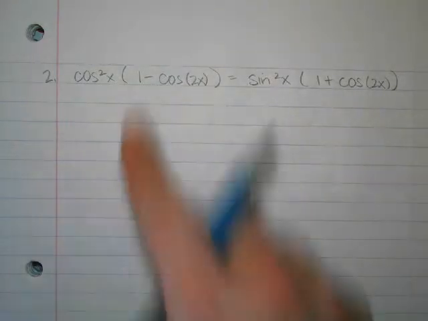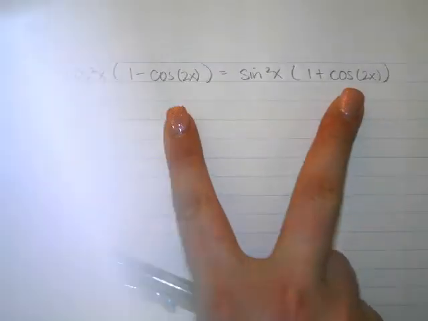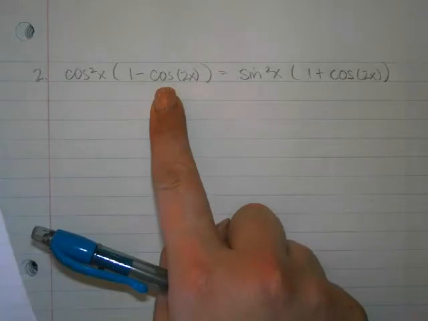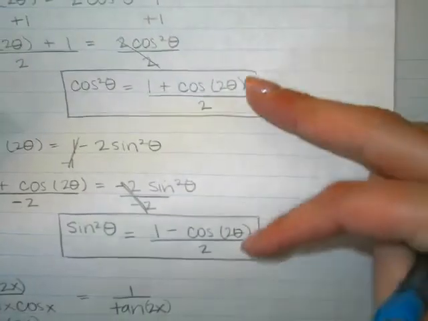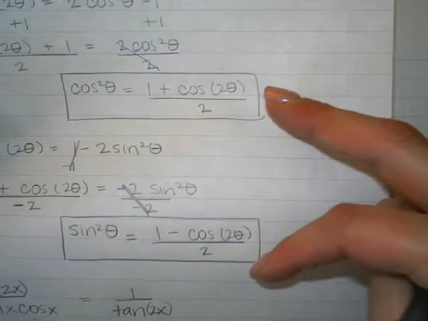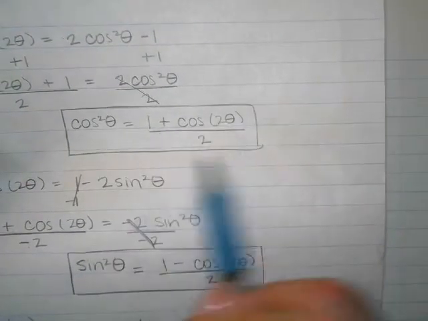So if you compare this, do you guys notice how similar these are to the formulas I just showed you? Those alternate forms? Because we have a 1 minus cos of 2x and a 1 plus cos 2x, and that's like the same as these. So when I see that in the problem, that gives me a clue that maybe when I see this cos squared, I should replace the cos squared with this.